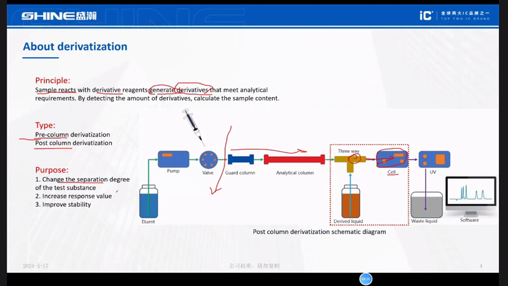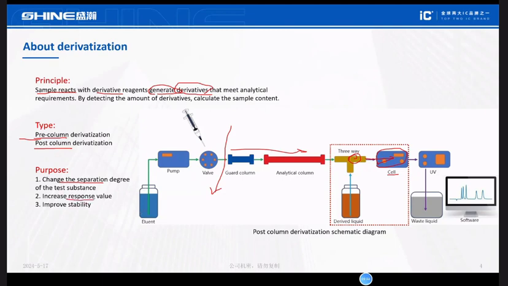Sometimes, if you have a compound with a high concentration and the other one has a very low concentration, it has poor separation, so we need to use derivatization to change the separation ability to separate well.